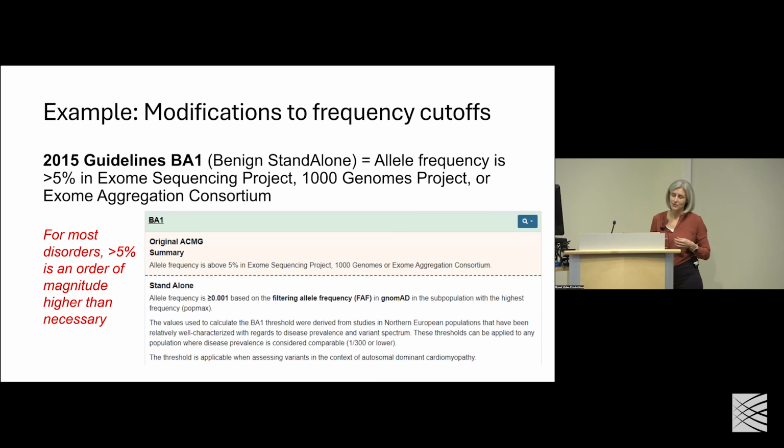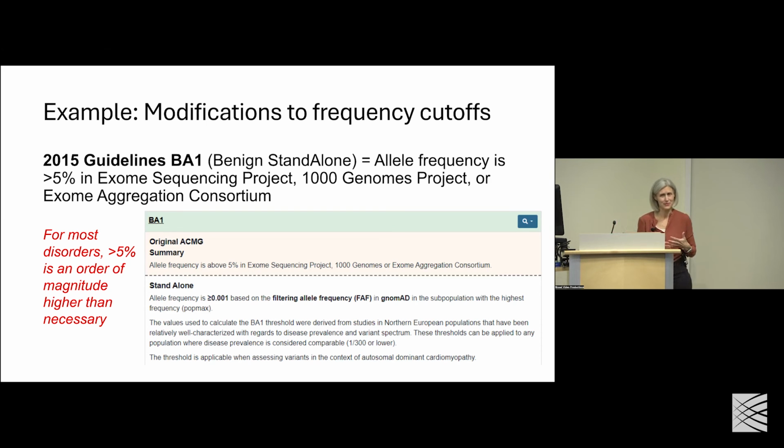And what you might see if you open up one of these, for example, is further specification of how to apply the codes in a disease-specific fashion. So this is an example from the MYH7 specifications, where you can see that in the 2015 guidelines, this BA1 criterion just states the allele frequency is more than 5% in the databases available at the time.